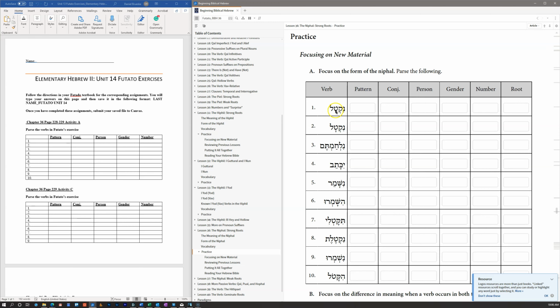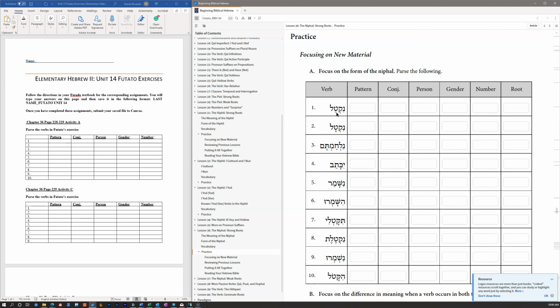Well, the primary way that we do that is with the theme vowel. So in a normal strong Qal 1CS imperfect, you're going to have an O-class theme vowel here. Now that's not always reliable. There are a lot of reasons why the Qal imperfect may shift its theme vowel to patach, which is the second most common theme vowel for the Qal imperfect. So you have to be careful. But here, katal is one of those verbs that's going to have a holem theme vowel.